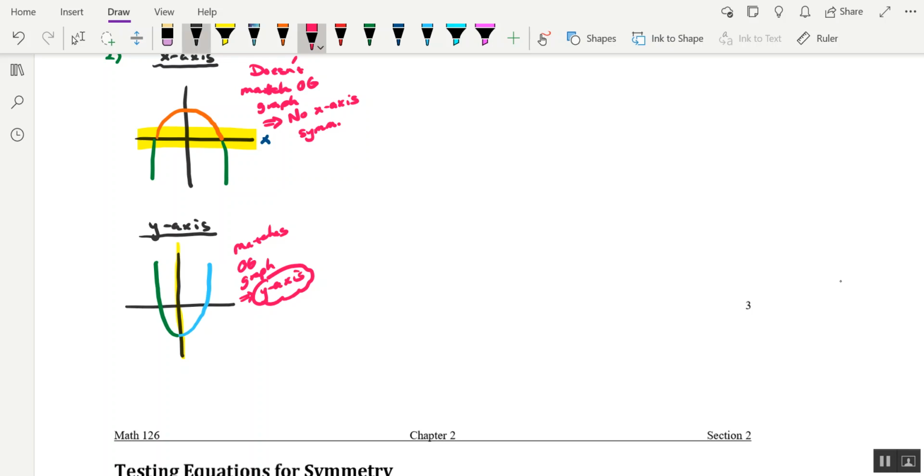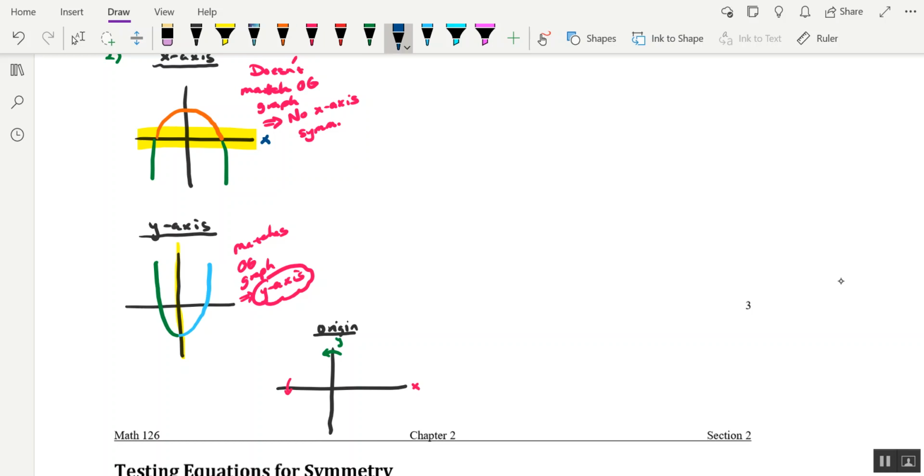Now to see if it has origin symmetry, see if I can squeeze that graph over here. There are two reflections that you have to do. You have to reflect across the y-axis first, and then you take that piece that's reflected and you do a second reflection, which is across the x-axis.